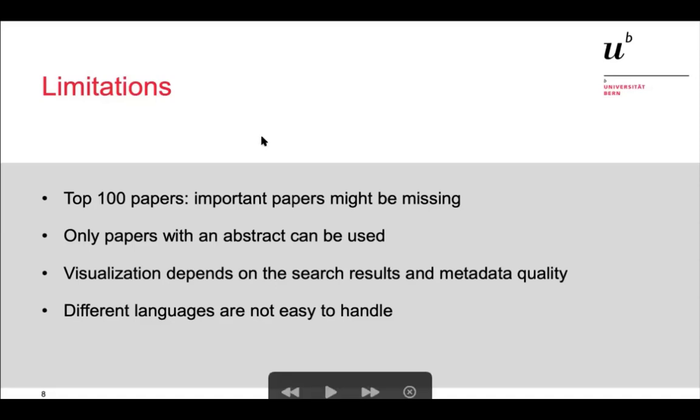And last but not least, different languages are sort of a problem as well. Sometimes there are area titles in different languages, and at the moment it is not yet possible to exclude any languages, but this might become possible in the future.